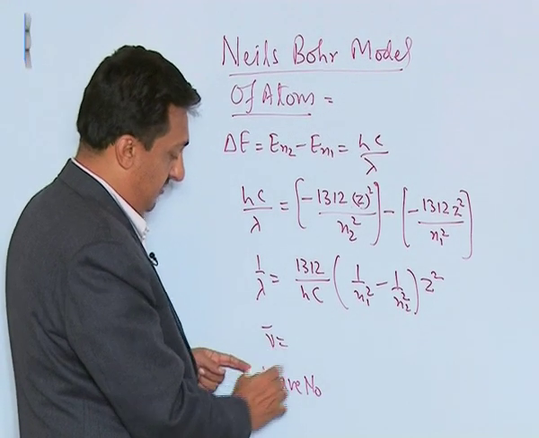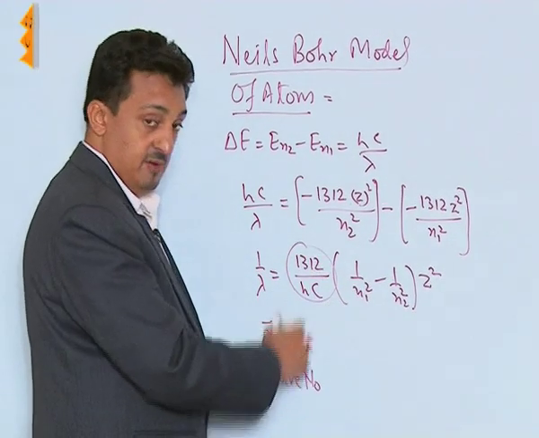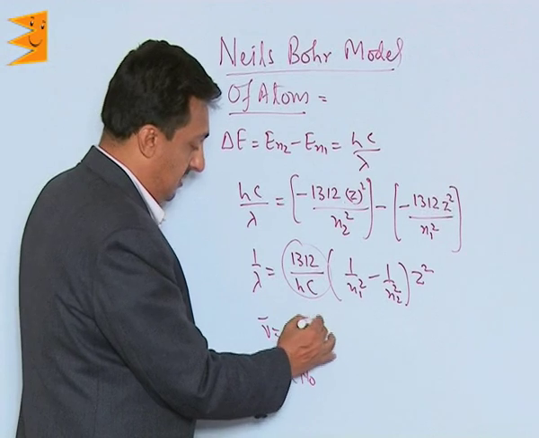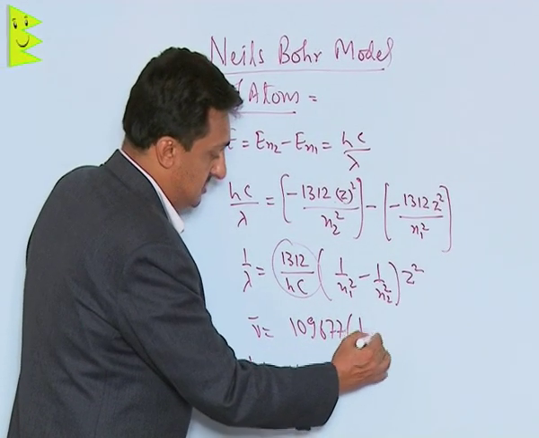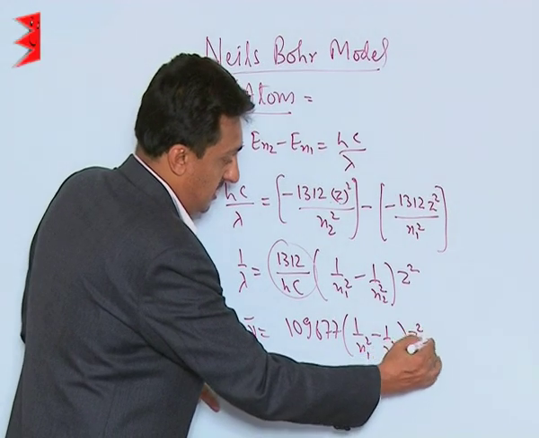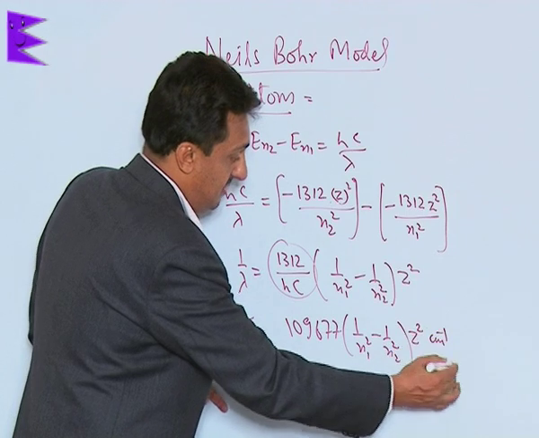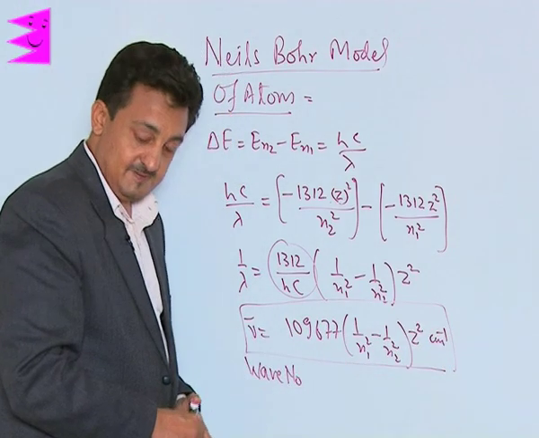So this whole term, when it is converted from mole, becomes 109,677 times 1 upon N1 square minus 1 upon N2 square, times Z square. It is in per centimeter, because the wave number's unit is per meter or per centimeter.